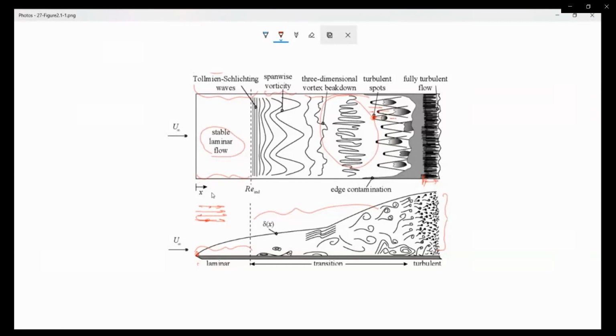Before going there, I just wanted to explain one more thing. When the flow is in a laminar state in this region, if there are disturbances coming in from the surface or from anywhere else, whether they get damped out or not is determined by the local Reynolds number. So we calculate a local Reynolds number, with our usual definition: U infinity times the local x coordinate divided by viscosity.